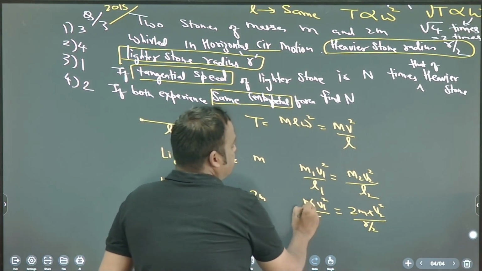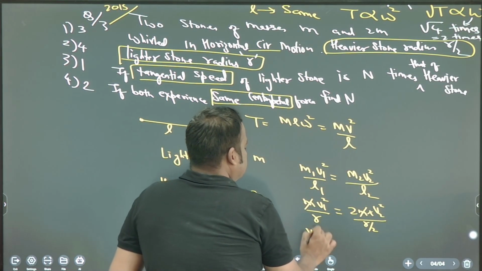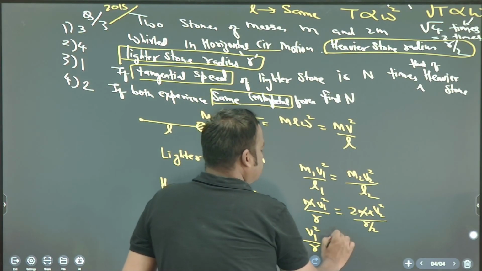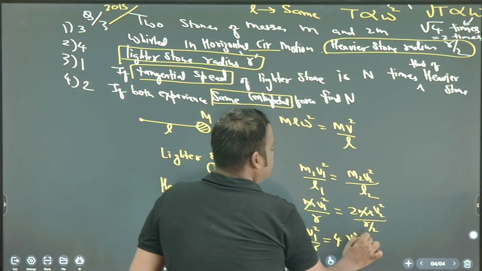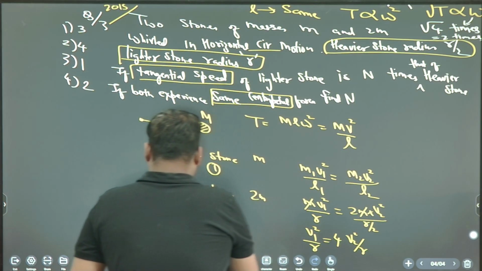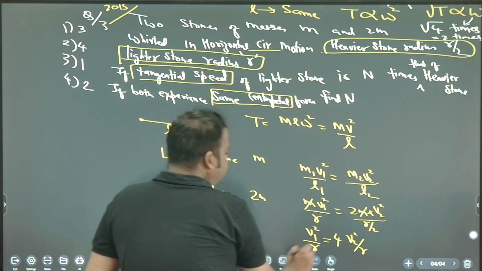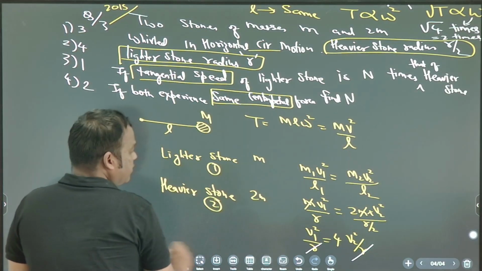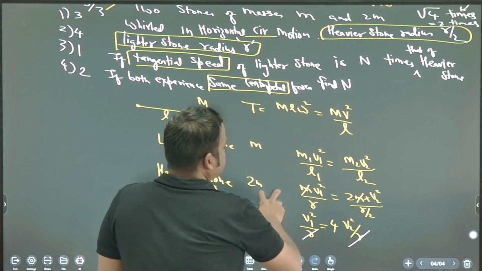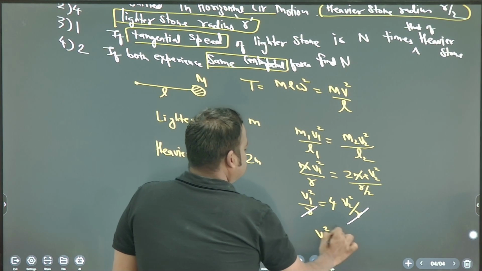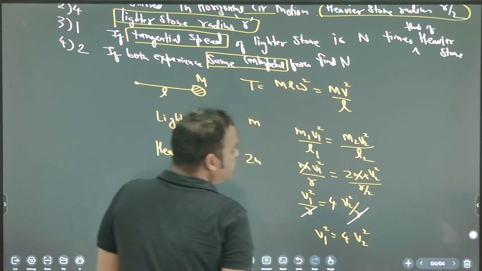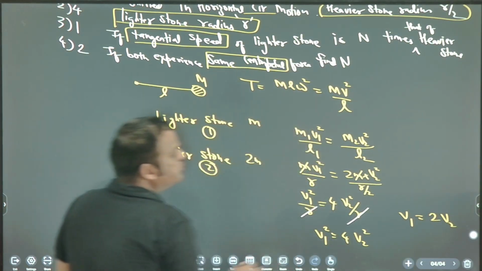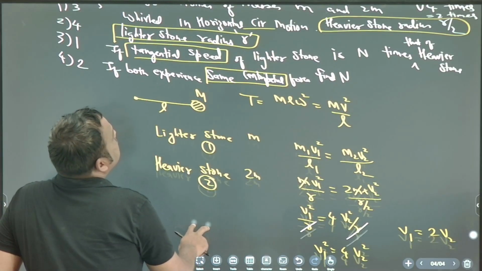So solve this, m cancel. So v1 square by r is equal to, this 2 will go to the numerator, so 4, 4 v2 square by r. Now this r cancels. So what is v1 square? 4 v2 square. So v1 is equal to 2 v2.